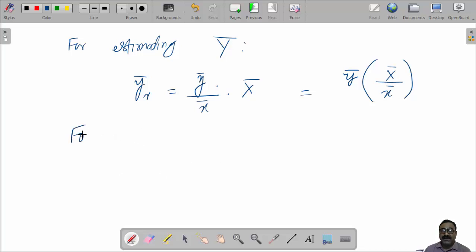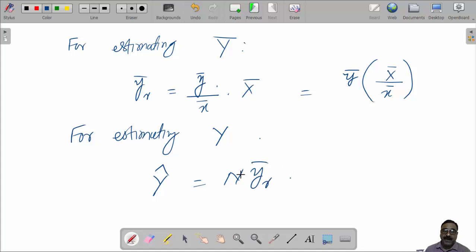Similarly, for estimating the population total Y, we define Y cap R, which is equal to n Y R bar, that is equal to n y bar X bar by x bar. So these are the ratio estimators.